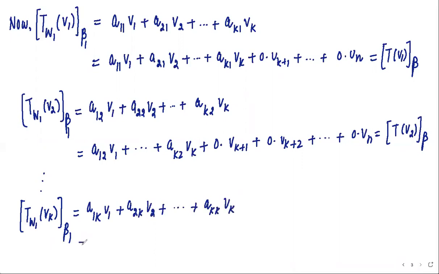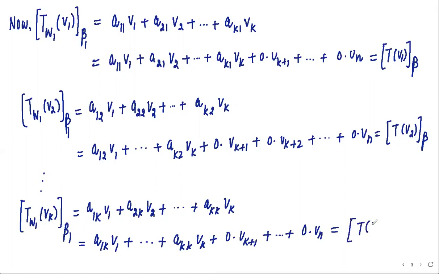But now we can also write it as A1k V1 plus so on plus Akk Vk plus 0 Vk plus 1 and so on, 0 Vn. And this is also equal to T of Vk relative to the basis beta.